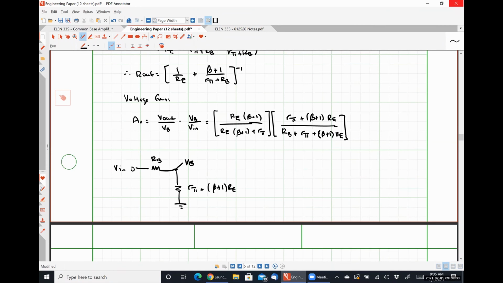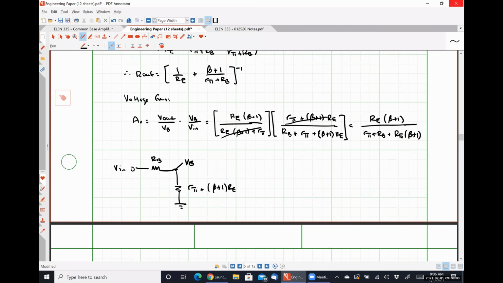And I can see that the denominator of my first term is identical to the numerator of my second term, so those cancel each other out. And that leaves me with RE (beta plus 1) divided by R pi plus RB plus RE times (beta plus 1). So there's my voltage gain.